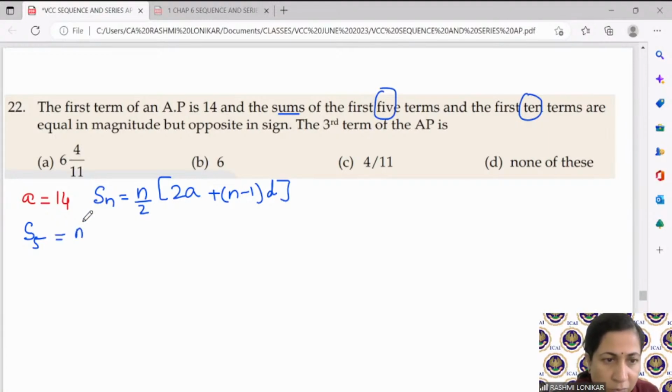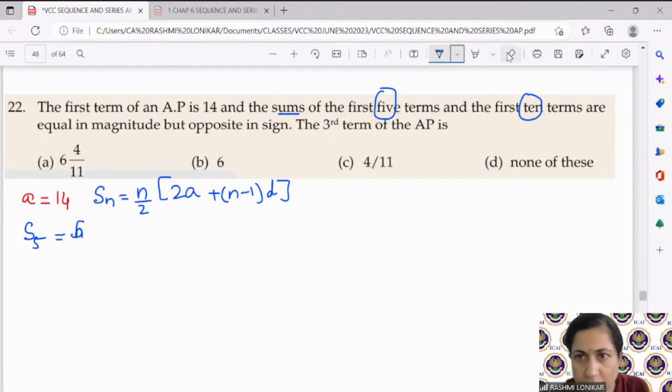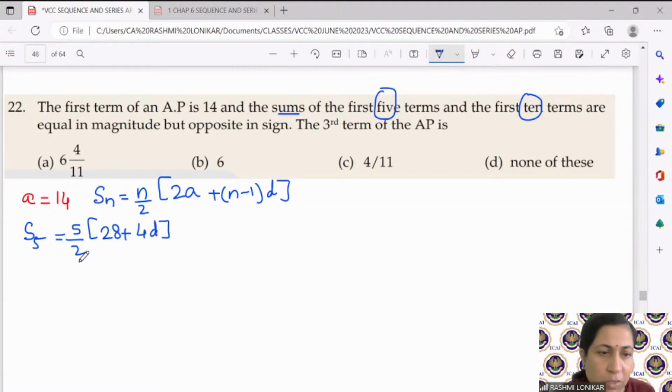N is 5, so 5 by 2 into twice A. A is 14, so this is 28 plus 5 minus 1, which is 4D, because I don't have the value of D. That is n by 2 into twice A plus n minus 1 into D. Now S10 is 10 by 2 into twice A, that is 28, plus 10 minus 1 which is 9D.